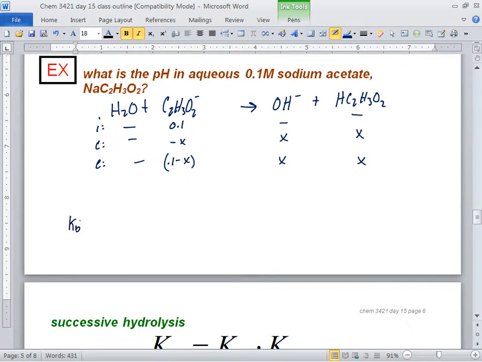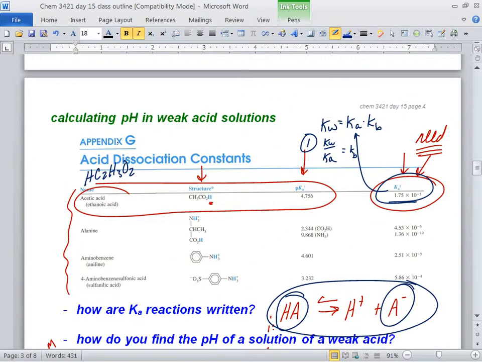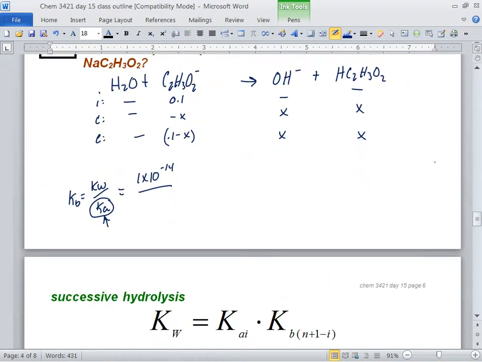Kb is Kw over Ka, which is going to be 1 times 10 to the negative 14 over Ka. So you have to look up in a table the Ka for acetic acid. So you go dig it up. 1.75 times 10 to the negative 5. And that's equal to x squared over 0.1 minus x.